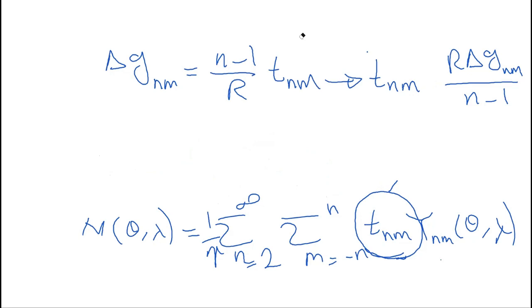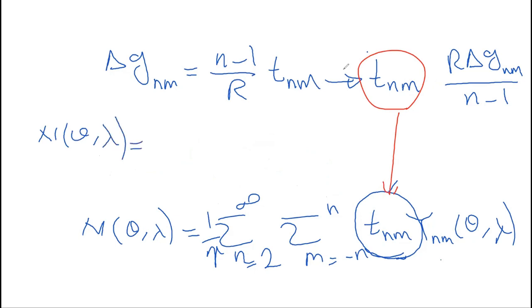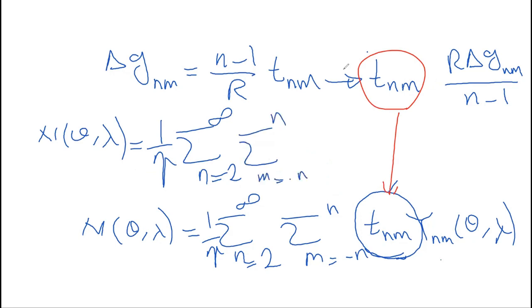Let me write it, T_nm to N_nm. Then I write geoid height will be 1 over gamma, sum n from 2 to infinity, m from minus n to n.